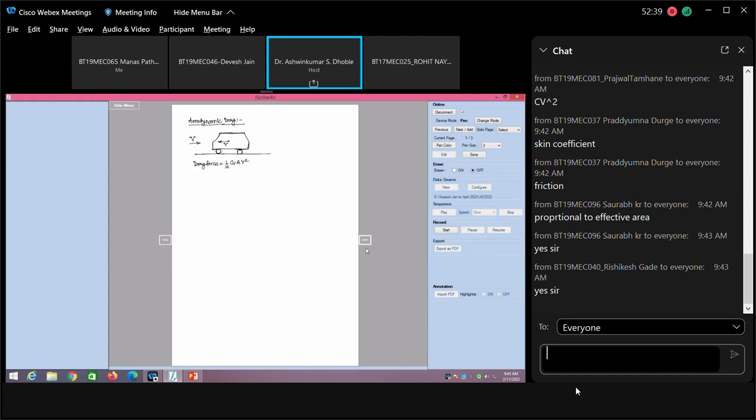Okay, this is the drag force. All of you agree? The coefficient of drag, you can say CD rather than CV. I will say coefficient of drag.